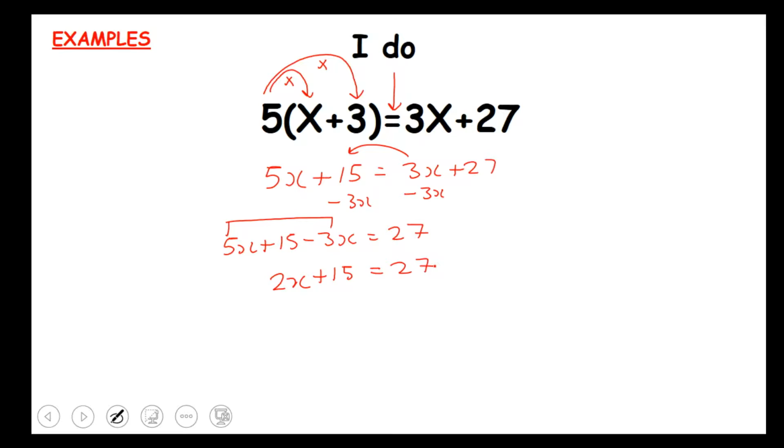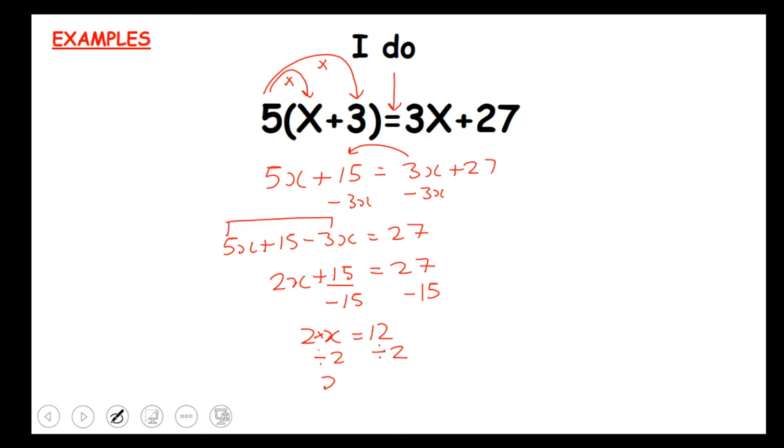Same way, you need to get x on its own, so I need to move this 15 first, so subtract 15 from both sides because the inverse of plus 15 is minus 15. So now I get 2x equals 12. 2x means 2 times x, the inverse of times is divide. So divide both sides by 2 because I want to get rid of that 2.